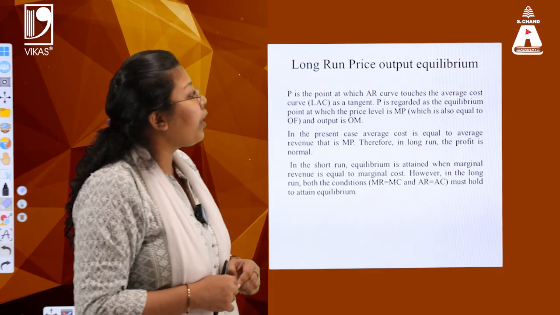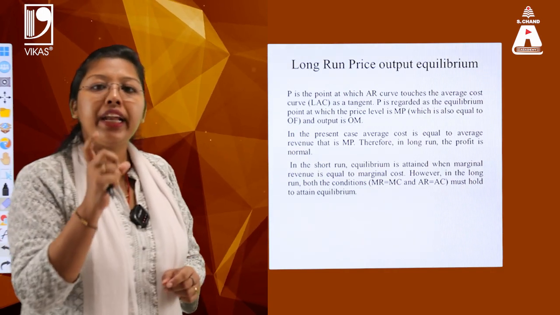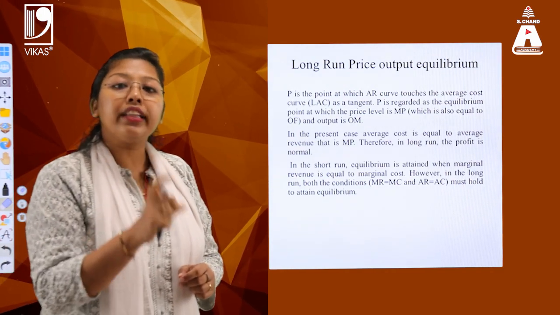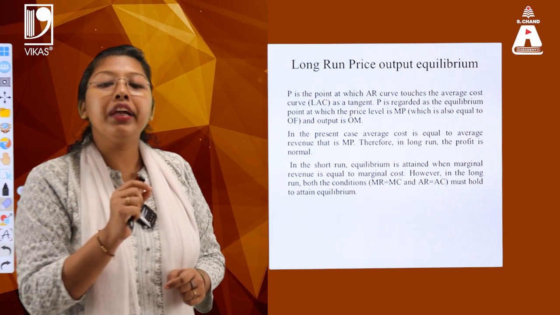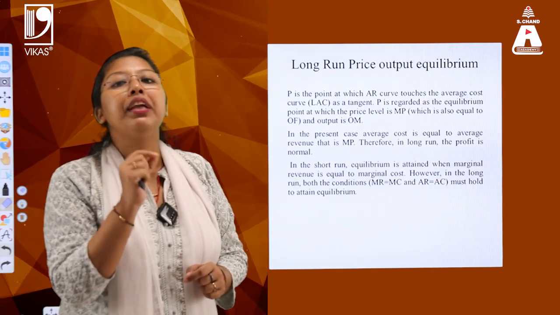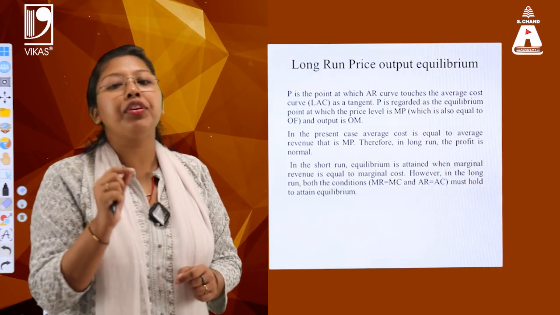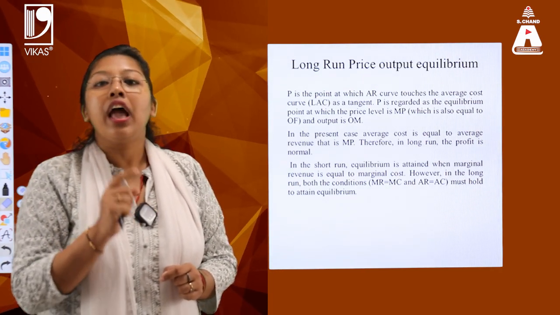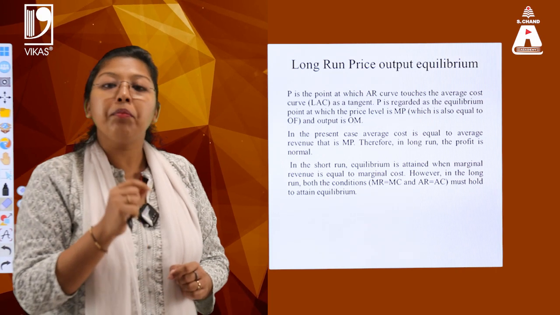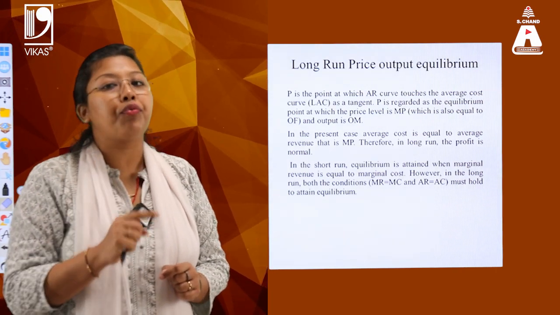So long run price output equilibrium is determined at the price OP dash and the quantity OM, where the long run average cost and the average revenue curve meet. At the same time, the long run marginal cost is cutting both of them from below.